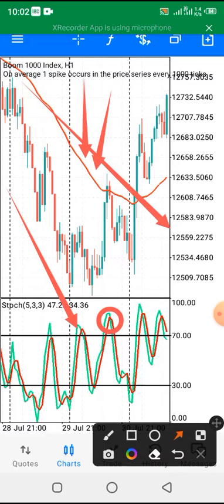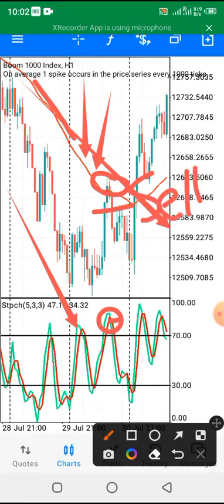When it came here, you can see this rejection. After this crossover of the stochastic, and also it was bouncing above this moving average, it allowed us to make a sell. And you can see price pushed down.